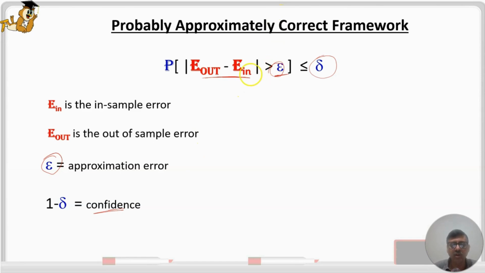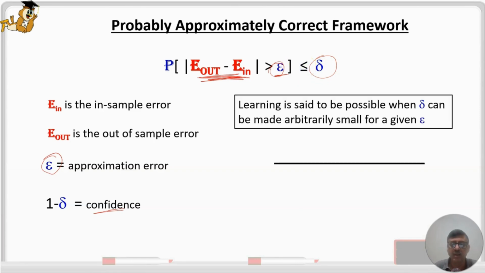So essentially, in the probably approximately correct framework, what you say is that the probability of the absolute difference between E out and E in being greater than a given epsilon should be less than or equal to delta. Learning is said to be possible when delta can be made arbitrarily small for a given epsilon.